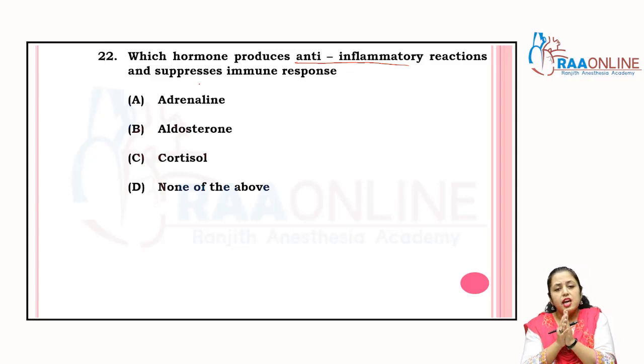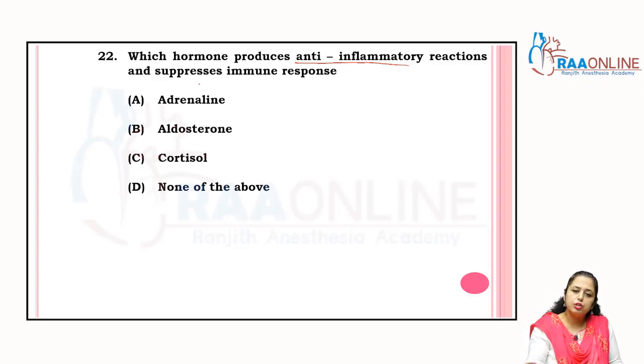So that is the action of cortisol. It is released in the condition of stress, and it also suppresses the immune responses, right? So simply, it produces the anti-inflammatory reactions, right? And so the answer is the cortisol.